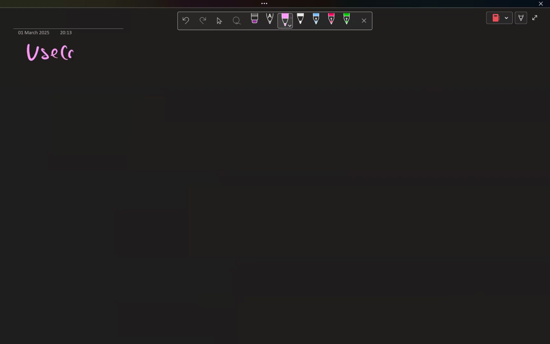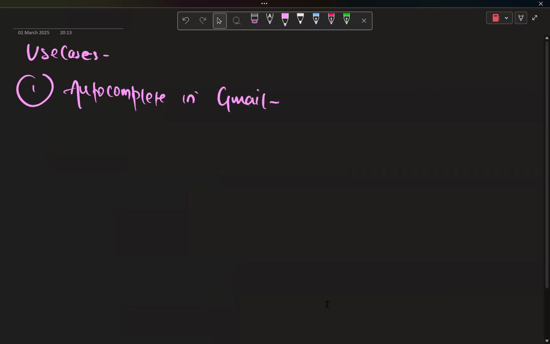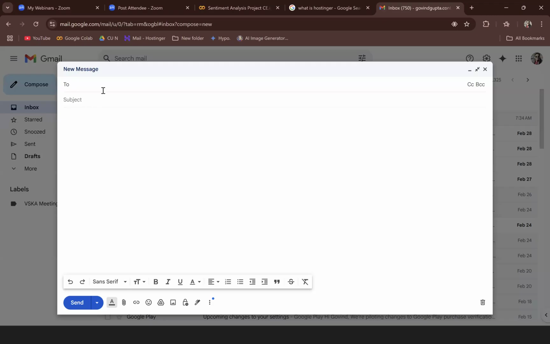The very first use case you can relate to is autocomplete in Gmail. Let me share the screen once again. This is the email box I have open.